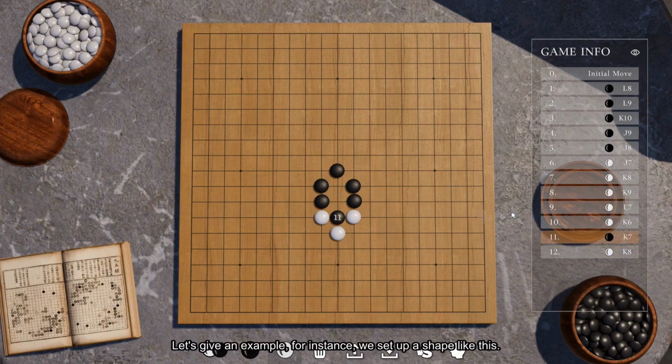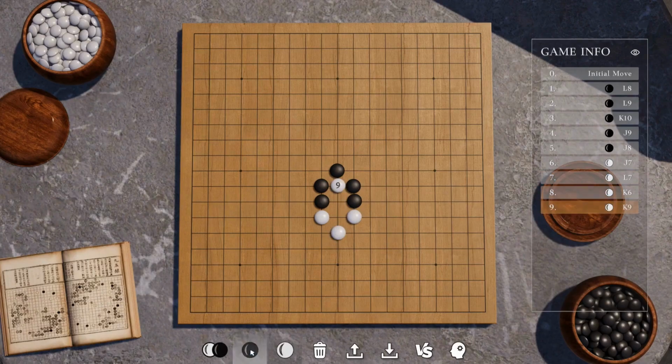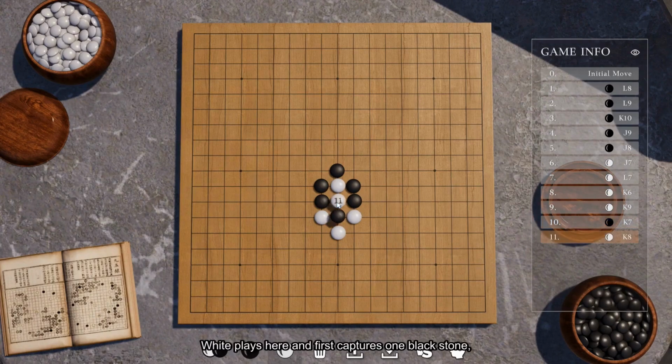Let's give an example. For instance, we set up a shape like this. Alright, now it is white's turn to play first. White plays here and first captures 1 black stone.